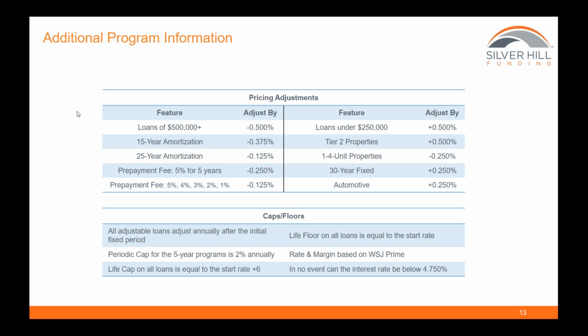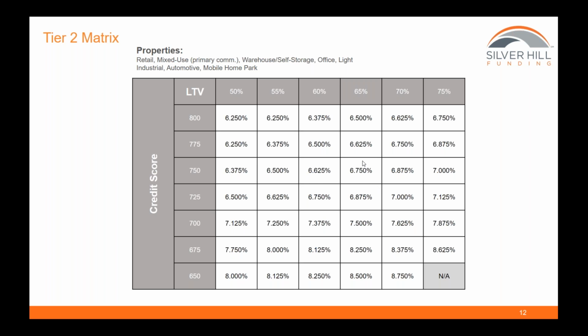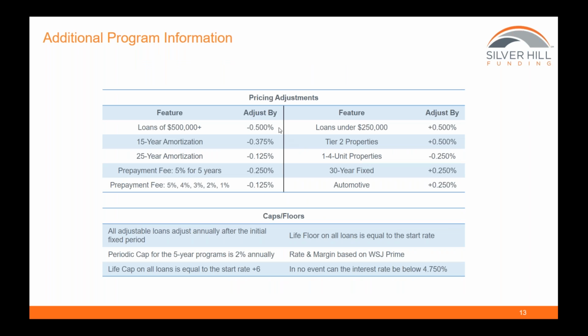So when figuring out our pricing, you basically have to look at this grid, the base rate, and then add or subtract adjustments. We have all of our improvements on the left and our worsening adjustments on the right.